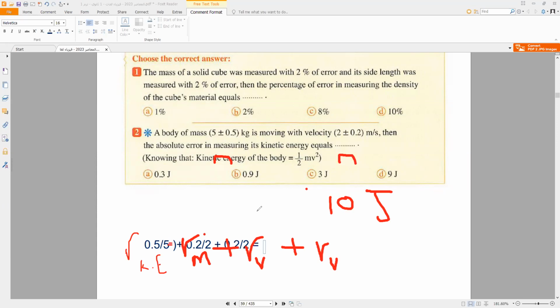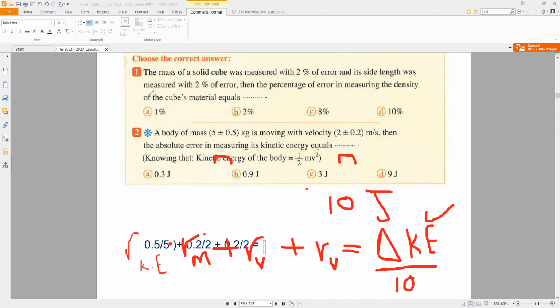After you get the relative error of kinetic energy, you must equate this value with the absolute error of kinetic energy over the real value, which equals 10 joule. So you will get the value of the absolute error of the kinetic energy, and it is very easy.